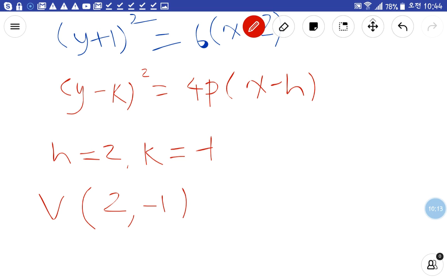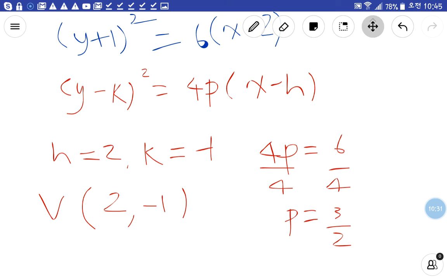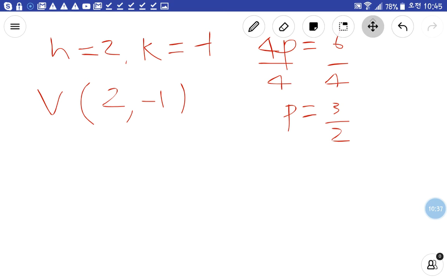Okay? And now you need to get the p so that you can find your focus and directrix. So 4p should be equivalent to 6. From that one, I can get my p, which is 3 over 2. Right? So now what should we do? Our focus. What is the formula for the focus?